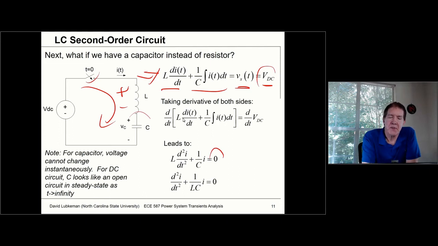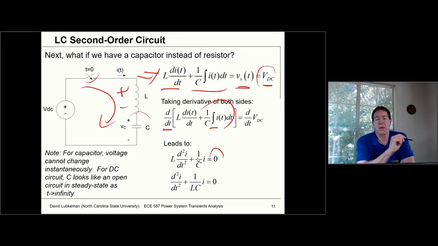What I'm going to have is the inductance times the second derivative of the current with respect to time. The derivative cancels the integral, and I simply get, for this term, 1 over C times I. And so I get a second order differential equation.